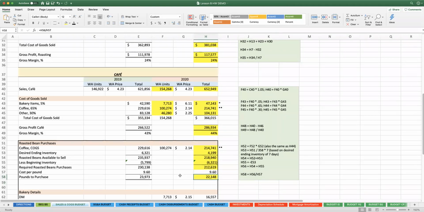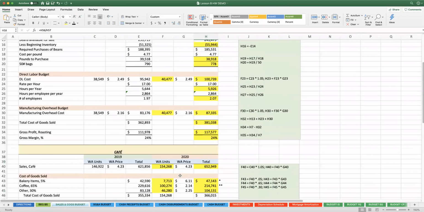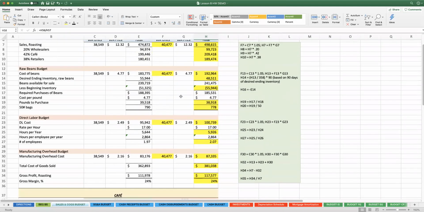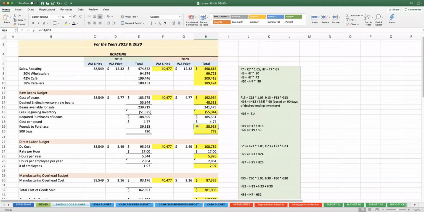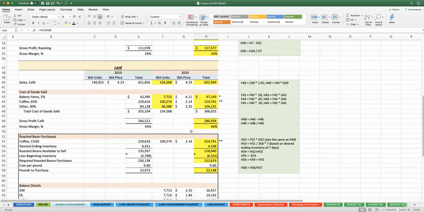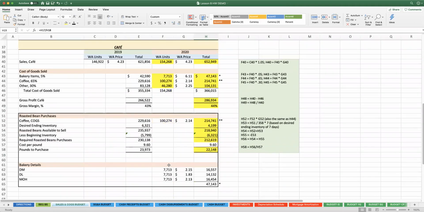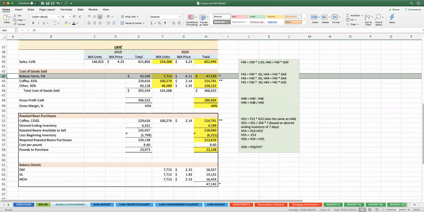Out of the total number of pounds that we're going to be roasting, most of them go to the cafe. Notice this down here broke out for you. I just set this up for the bakery. I wanted to bust out the direct materials, direct labor, and overhead for just this bakery cost item.